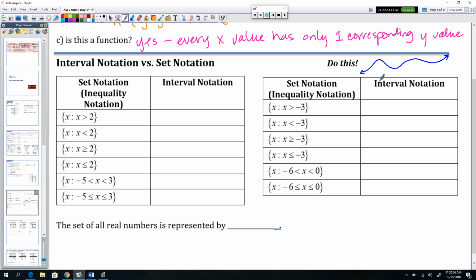It's very, very useful and takes up less space on a piece of paper to do interval notation instead of set notation. If you're trying to declare that a particular function has a domain of every value greater than 2, a shorter way to do this is interval notation.